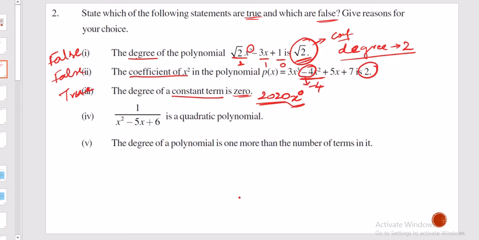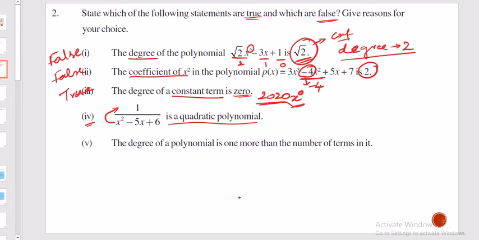Next, what he has given in number 4: 1 by x square minus 5x plus 6 is a quadratic polynomial. Is it a quadratic polynomial? What have we discussed about a polynomial? A polynomial should be contained completely in the numerator, but here the expression is completely in the denominator, so we cannot directly bring it to the numerator.